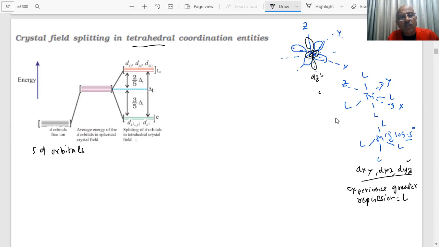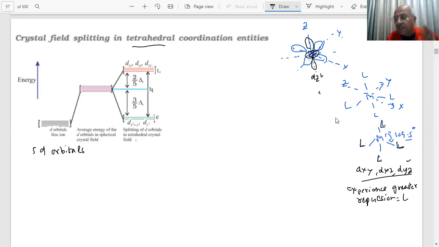When the ligands start approaching, first the field is symmetric and energy rises. Then the ligands come from the tetrahedral sides, not in the x, y, or z direction but from in between. These four ligands cause splitting to take place.